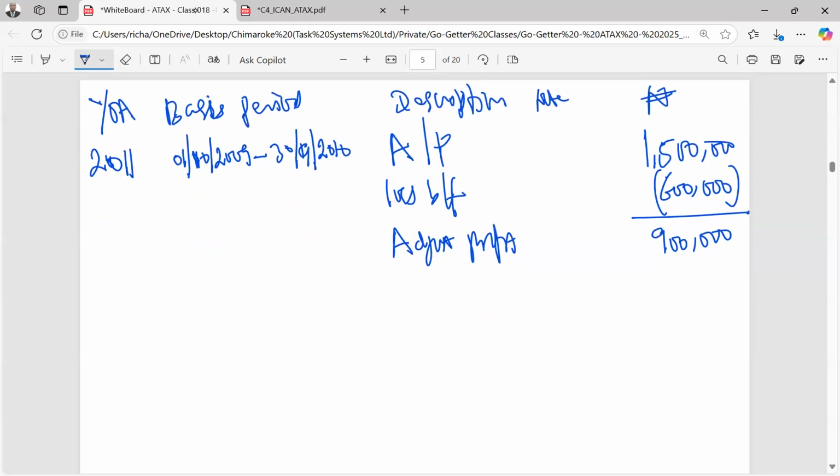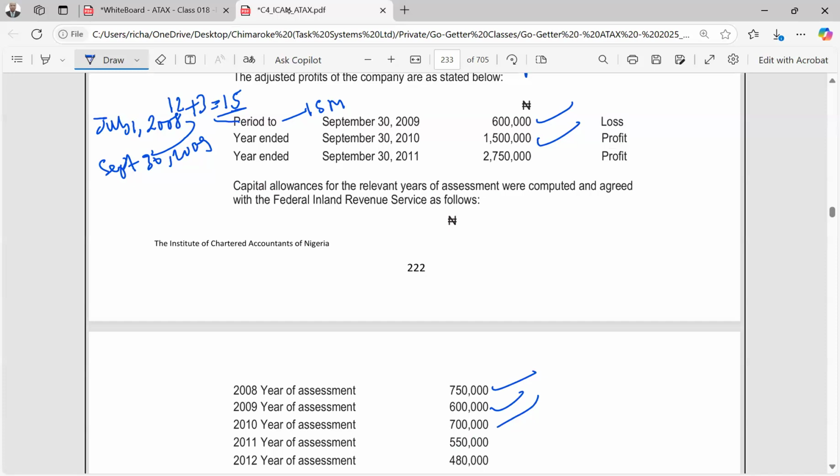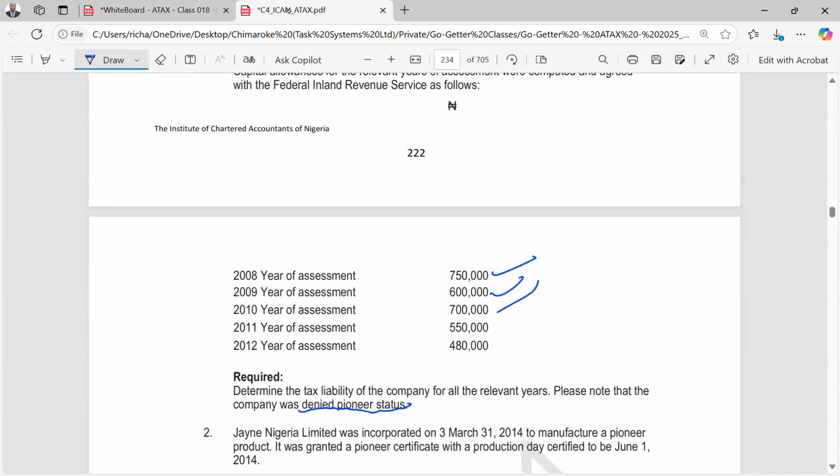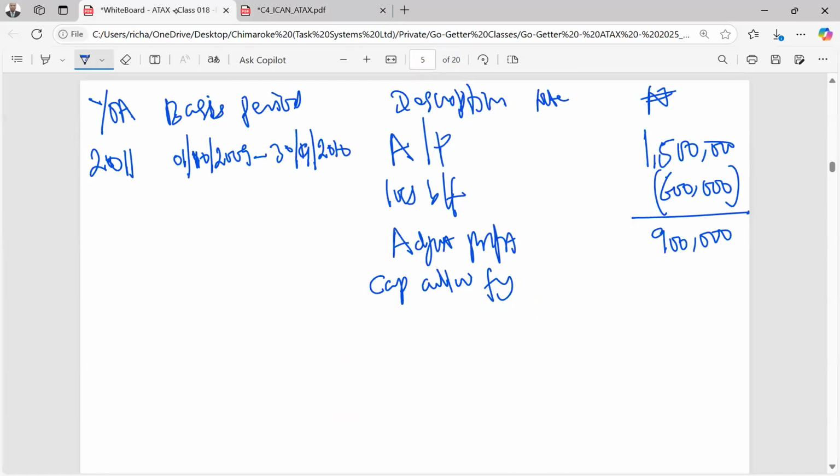Then we are going to bring our capital allowance for the year. Capital allowance for the year is given to us at 550,000. So let's do it here, 550,000.